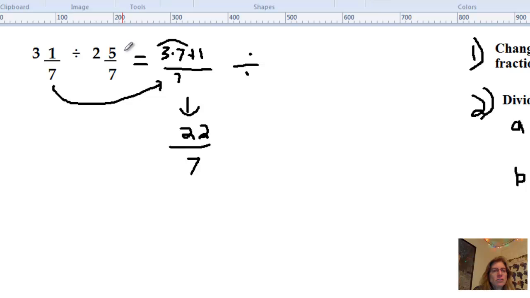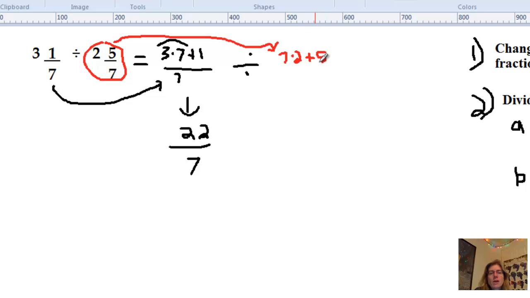Now we're going to change this mixed fraction here. I'm changing this one now, and that's going to be over here. And we're going to do it the same way. 7 times 2 plus 5, all over, keeping the same denominator.